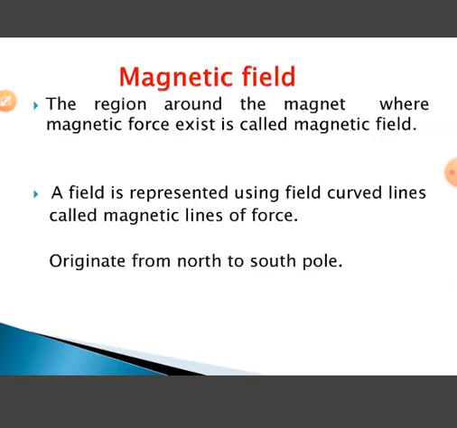Then coming to another subtopic, we have the magnetic field. The region around the magnet where magnetic force exists is called the magnetic field. In other words, where the magnetic force is experienced.